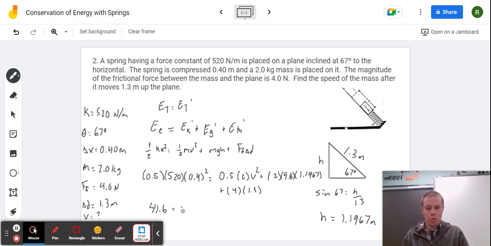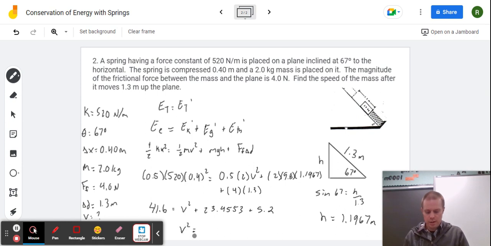0.5 times 2 is 1, so that's just v squared. When we multiply these values together, we get 23.4553, and 4 times 1.3 gives us 5.2. I'm going to rearrange this equation a little bit.